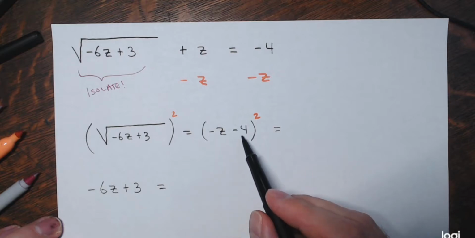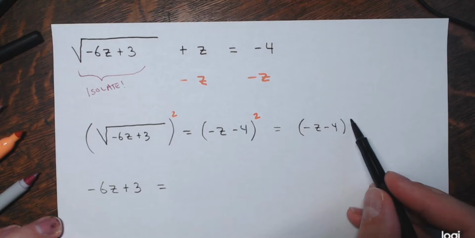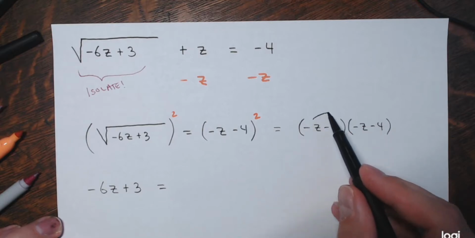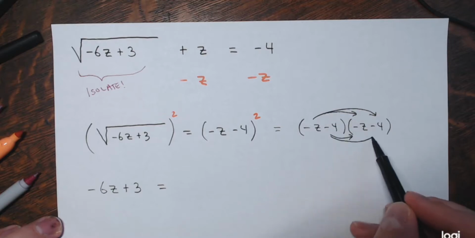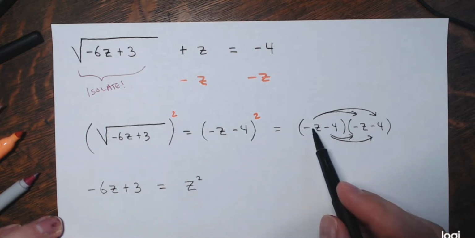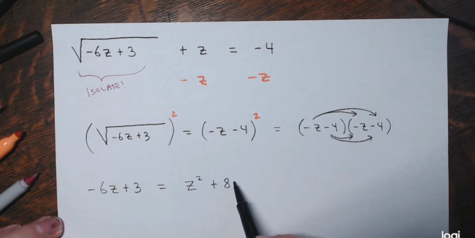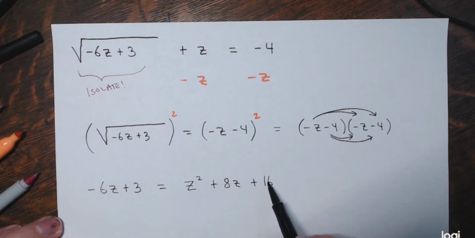This means take the right side, negative z minus 4, and multiply it by itself. I'll have to distribute the negative z, then distribute the negative 4, and then combine like terms. That would be z squared, then plus 4z plus another 4z, so plus 8z, and then plus 16.